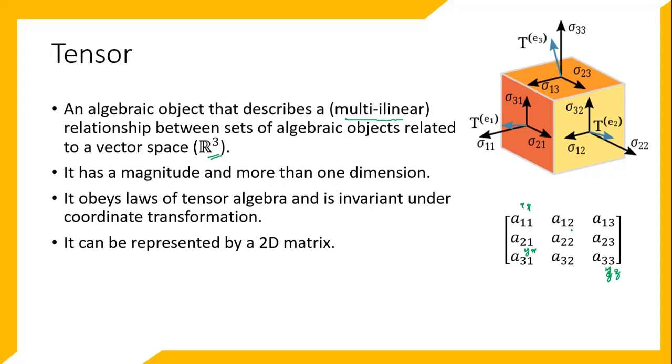That is, when it is defined in a vector space, when it obeys the laws of tensor algebra, and when it is invariant under coordinate transformation. So every matrix is not a tensor. A tensor can be represented mathematically as a matrix, but a tensor has a much deeper inner meaning than a matrix.